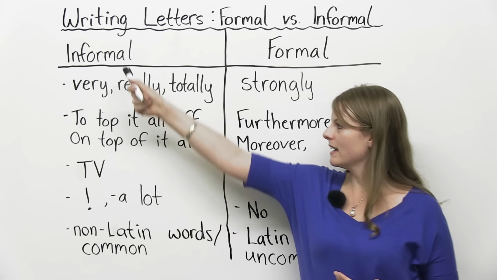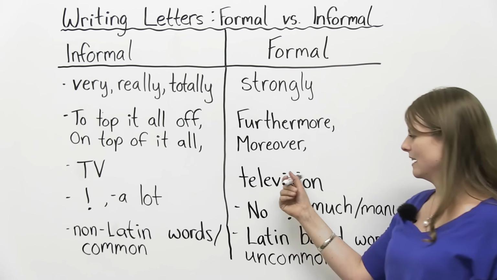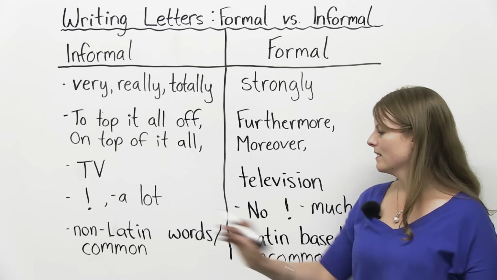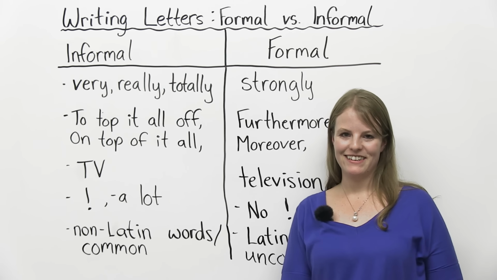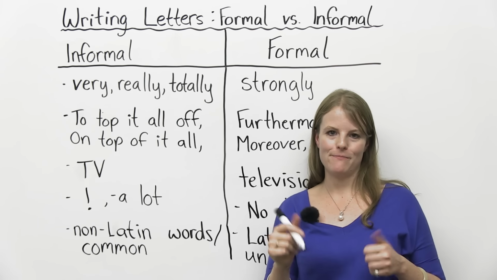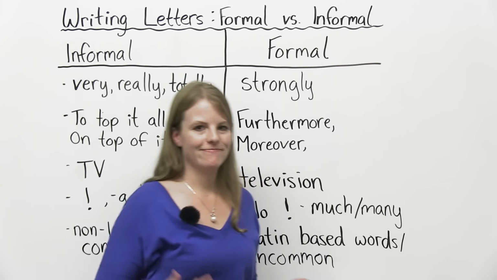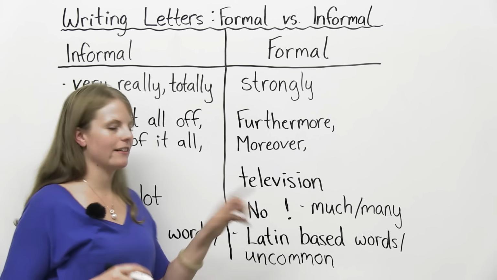You can use TV in informal writing. Don't use abbreviations in formal writing. Next idea, the exclamation point. In informal writing, you can write an exclamation point. It's okay. In formal writing, can you do this? No. So no exclamation points.